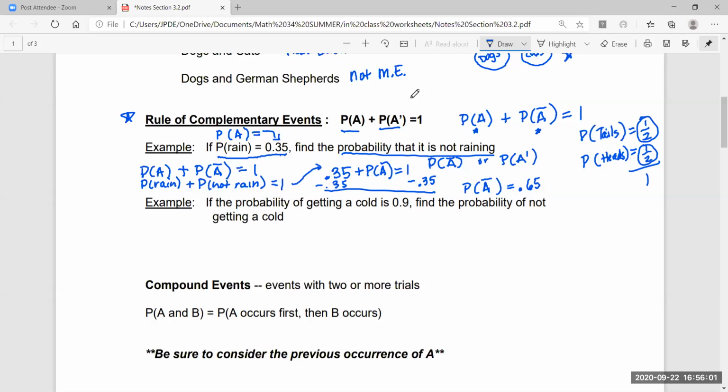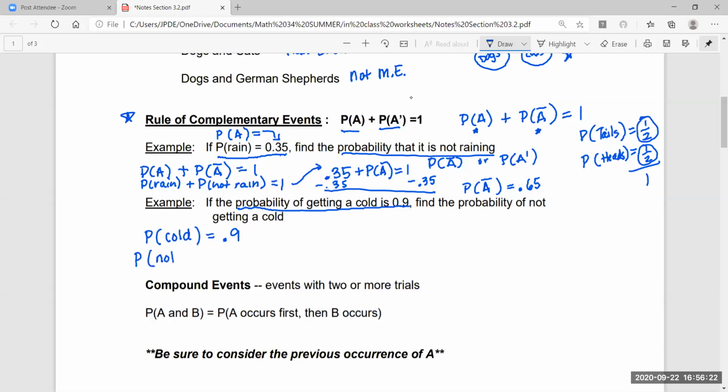So let's look at this example. It says the probability of getting a cold is 0.9. Find the probability of not getting a cold.